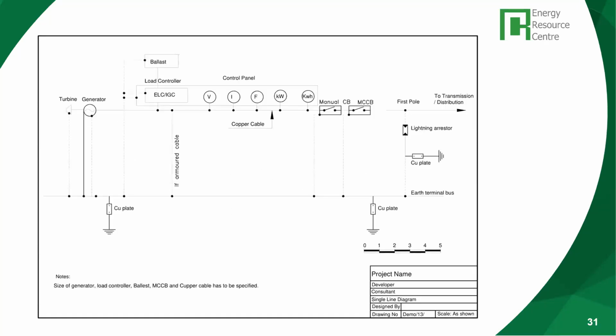Similarly, the single line drawing shows the electrical layout: where the turbine generators will be, where the control panels will be, and where other items like the earthing system, the load controller, the ballast, and everything will be. These are electrical. Normally for mini hydro, sometimes these are standard. But for large hydro, you need specialist electrical engineers and plant designers to design this.